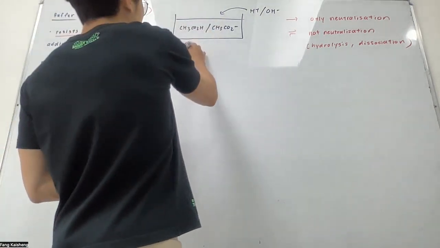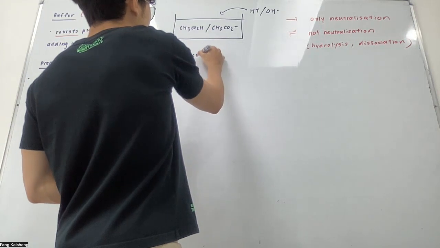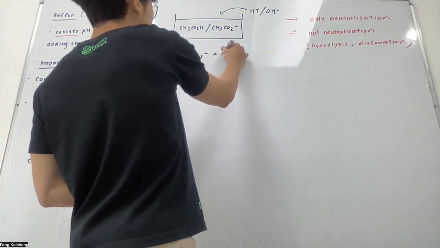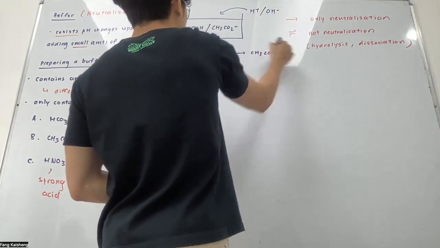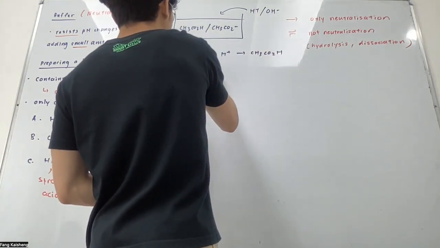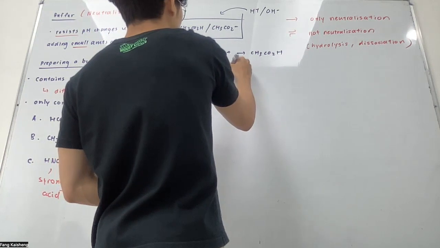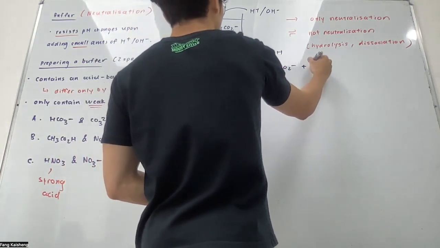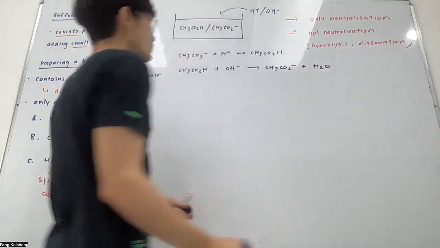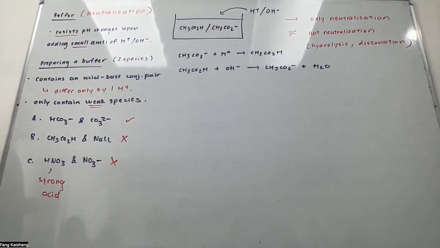If I add H plus, it is the CH3CO2 minus that removes it. If I add OH minus, it is the acid that removes it. Give me these two equations, that's 1 mark.